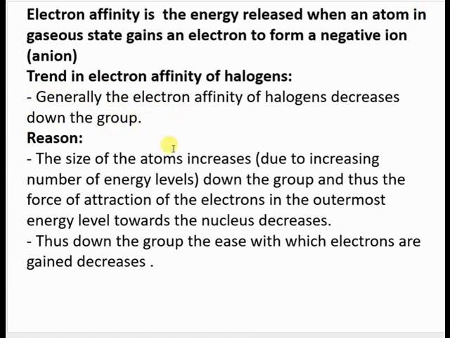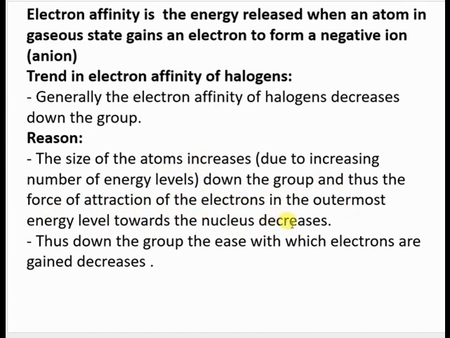The reason is that as the number of energy levels increases down the group, the size of the atom increases. The force of attraction of the electrons in the outermost energy levels towards the nucleus decreases. So the nuclear charge effect decreases.